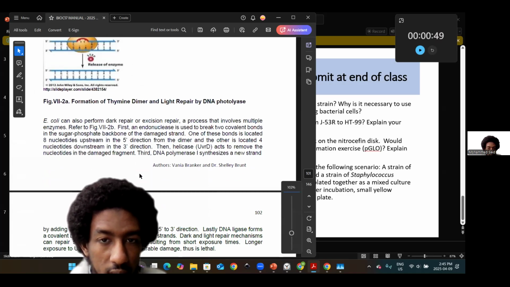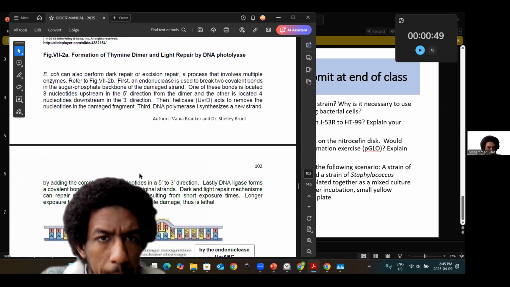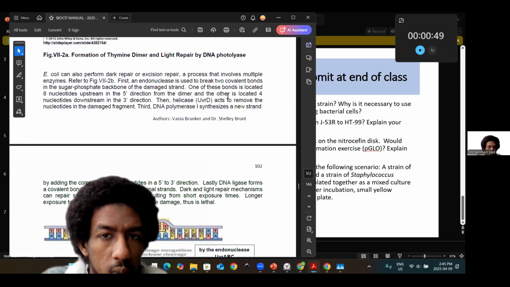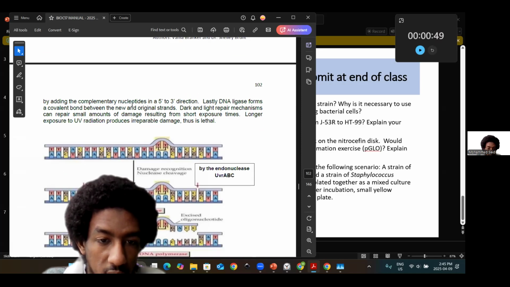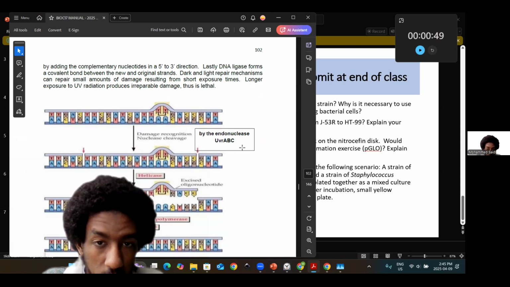And then when you have, and actually I think it's also highlighted here. Let's see. And this is given as a case scenario. A helicase acts to remove the nucleotides in a damaged region. Yeah, and that's something I wanted to also highlight. That's another repair mechanism, the nuclease cleavage or excision repair mechanism, where essentially you actually have the snipping, right, which is used with this endonuclease, UvrABC, right?